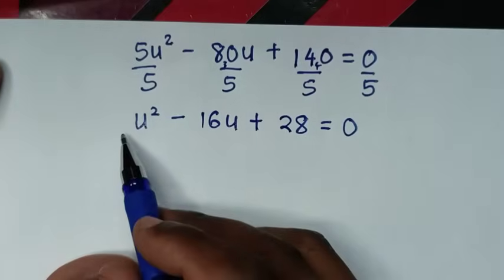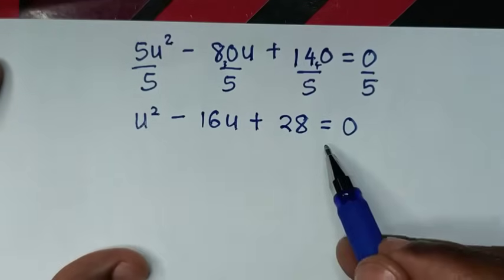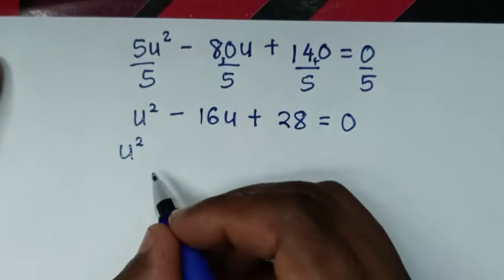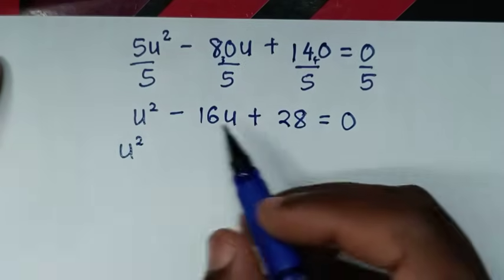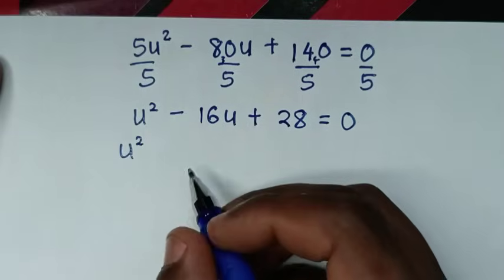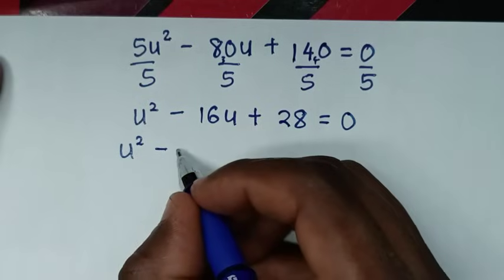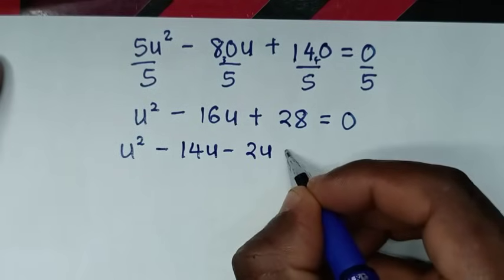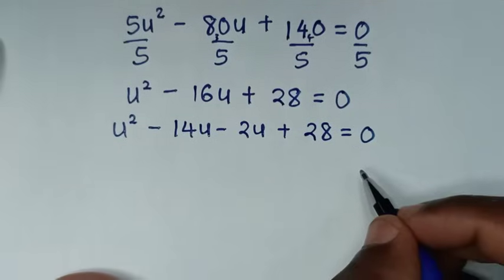Now this quadratic equation can be solved by grouping and factorization. So it will be u squared, then because the product is 48 and the sum is negative 16, this negative 16u is the same as negative 12u minus 4u, then plus this 48 is equal to 0.